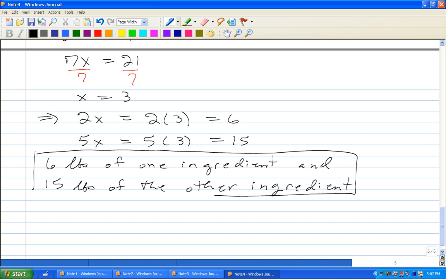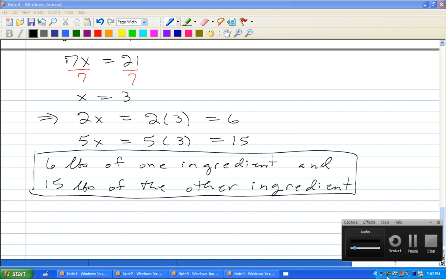And that gives you a total of 21 pounds. You notice that in this case, it is indeed in a ratio of 2 to 5. And so that really finishes off section 2.